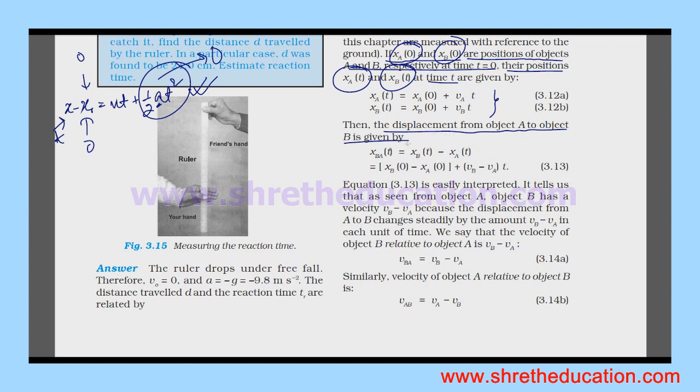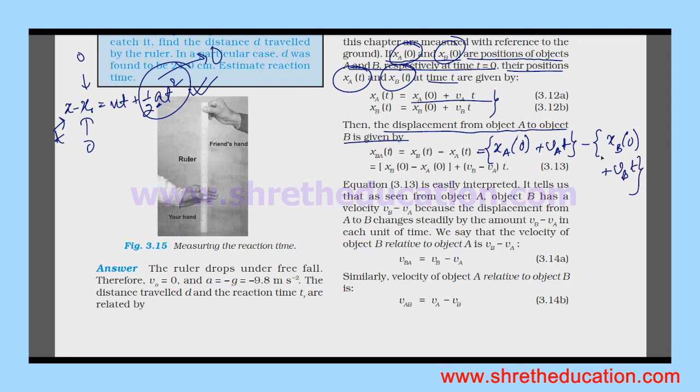XA equals XA(0) plus VAT, and XB equals XB(0) plus VBT, so the displacement is XB(0) plus VBT minus XA(0) minus VAT.